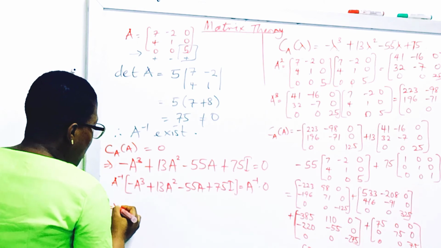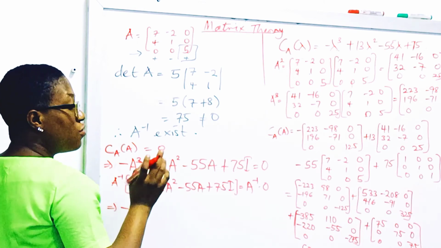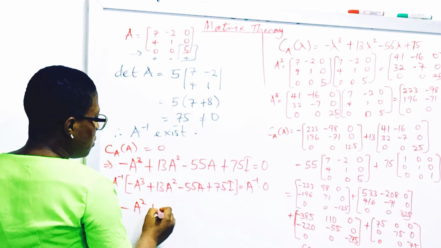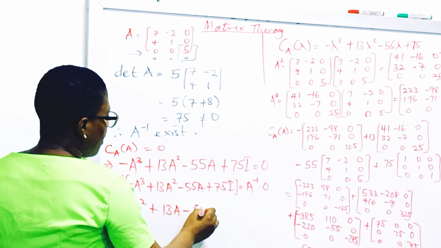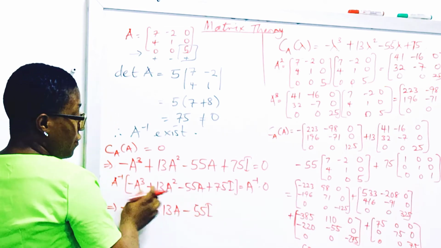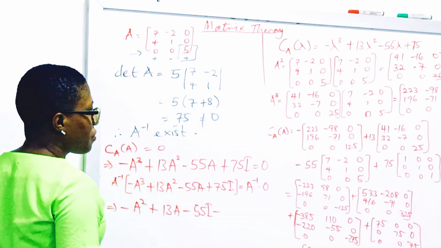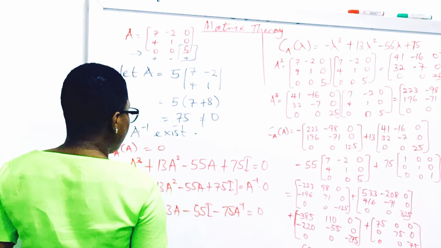So what do you have? We have minus A squared, plus 13A minus 55I, because A inverse times I is A inverse, plus 75A inverse is equal to 0.